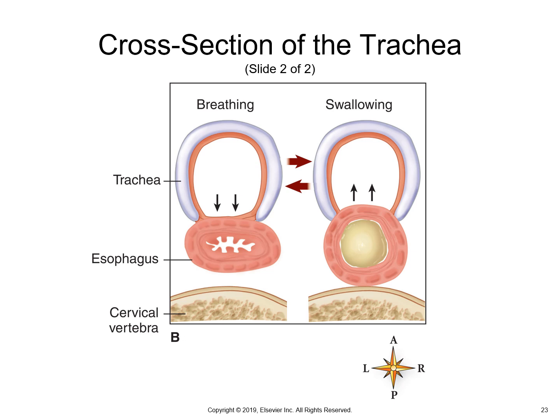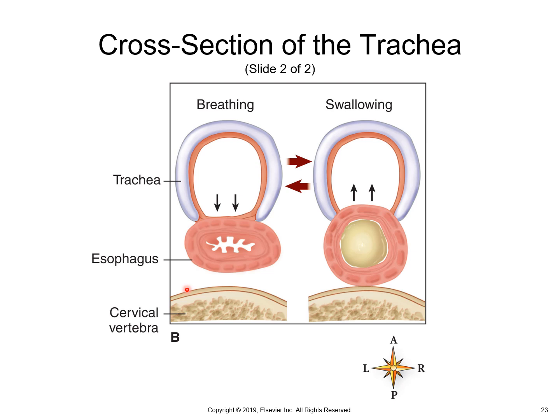In terms of breathing versus swallowing, let's look at the image on the left first. When we're breathing, the trachea remains open and allows air to flow freely into our lungs.